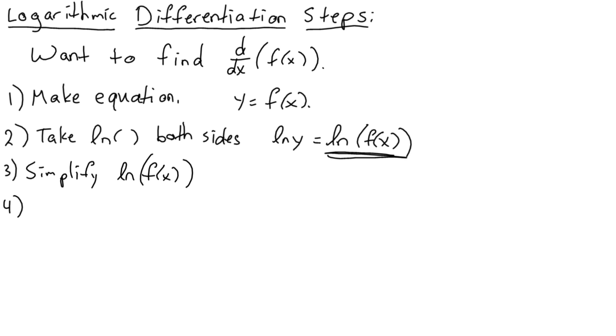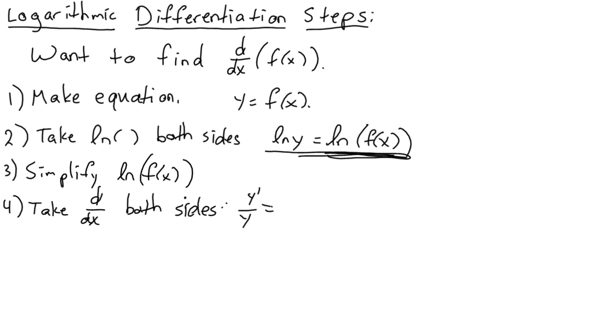Now that we simplified, we take the derivative of both sides of this equation. On the left, I'm going to get y prime over y, because I take the derivative of log y, I get y prime over y by the chain rule. That's from implicit differentiation.